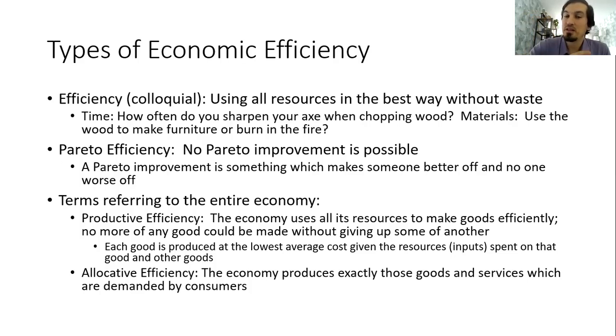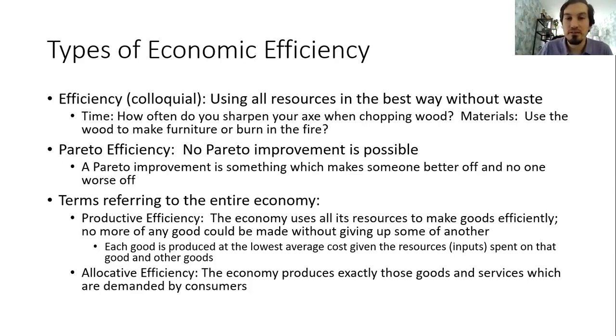The definition I've written stops there, but the continuation of that is that consumers' willingness to pay for these goods on the margin is exactly equal to the cost of producing these goods on the margin.